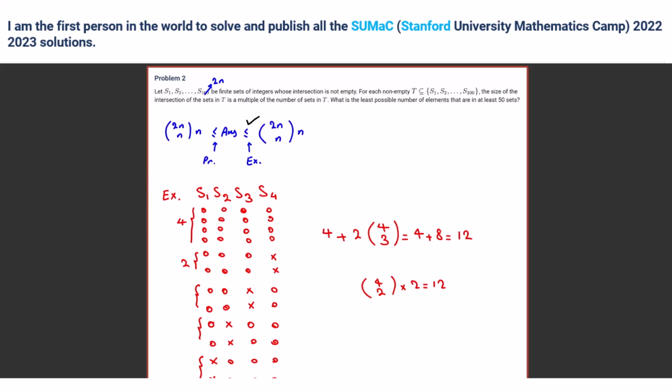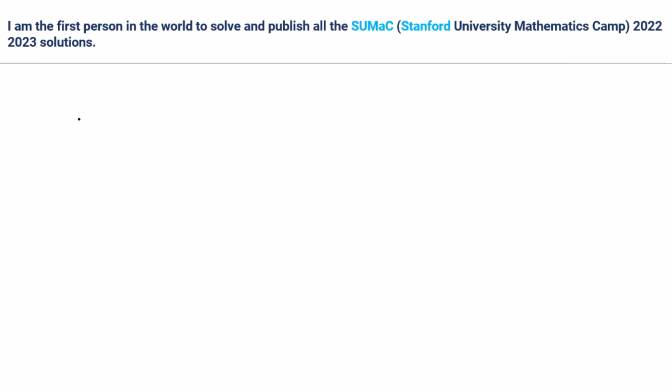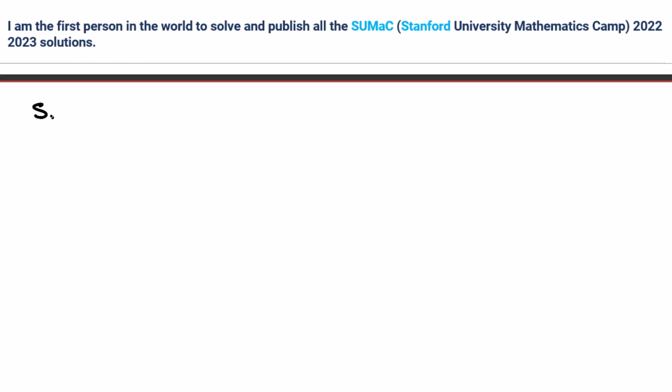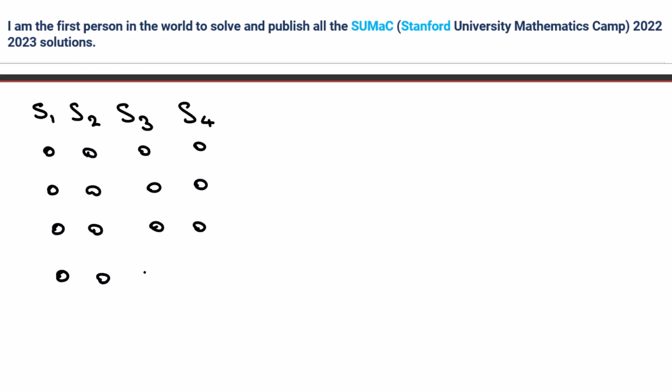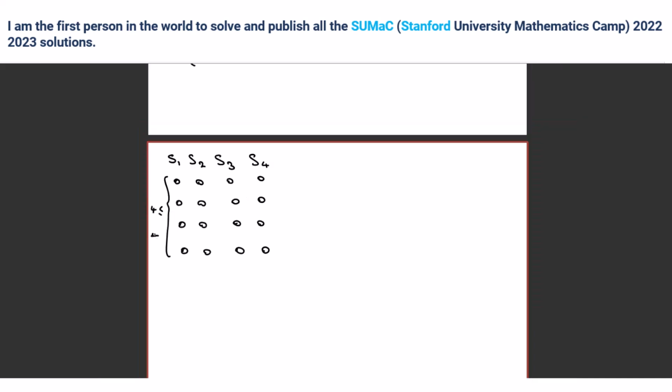And let me first explain it for you for 4, 6, and so on. S1, S2, S3, S4. Okay, so do you agree this is at least 4? And 4 divides this, right? Okay.